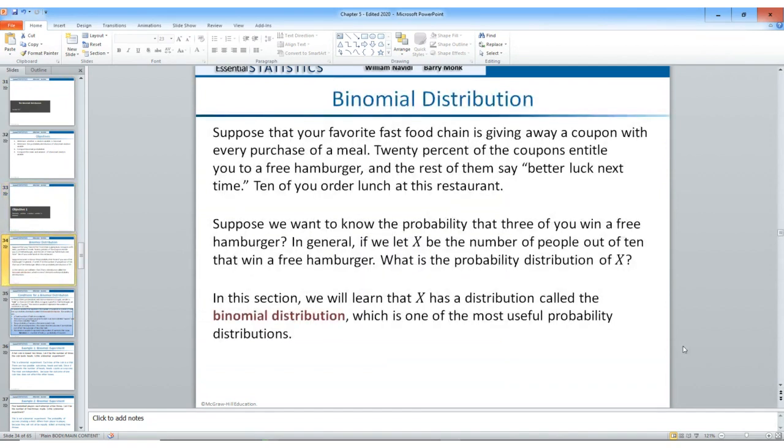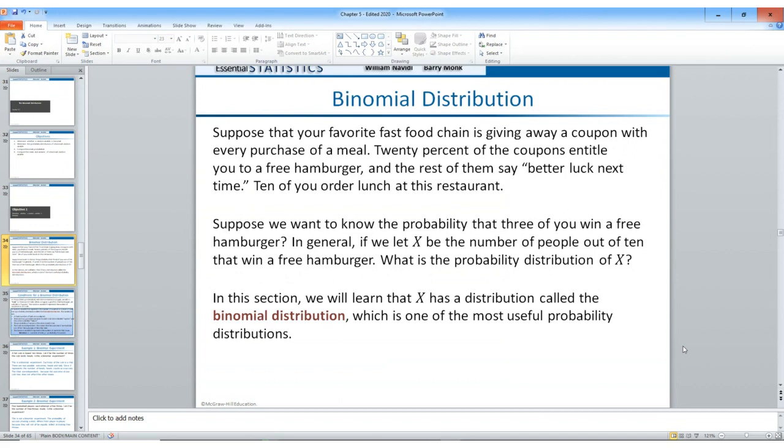So this is a good example about this fast food restaurant and they've got 20% of people are going to win, because they'll give you a coupon with your meal and it'll say either you won a free hamburger or better luck next time. So since there's 20% of winners in there, that would be consistent throughout.